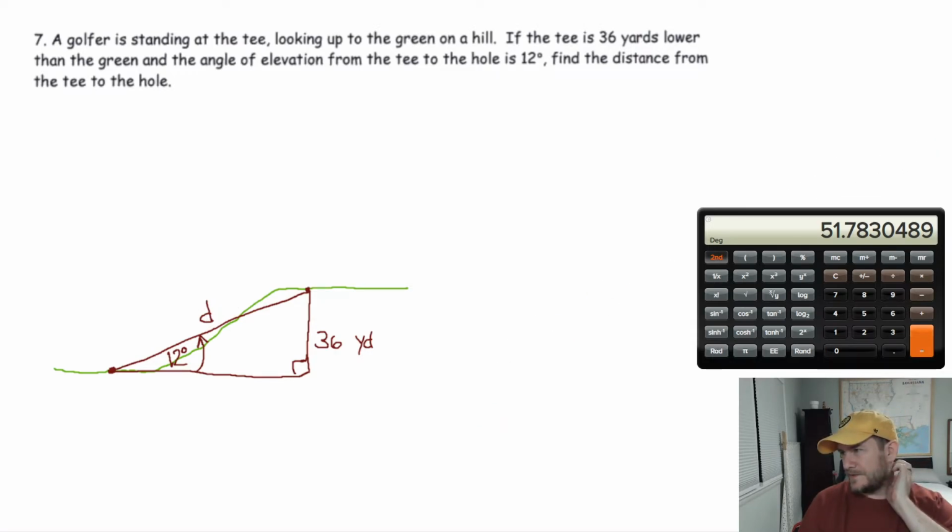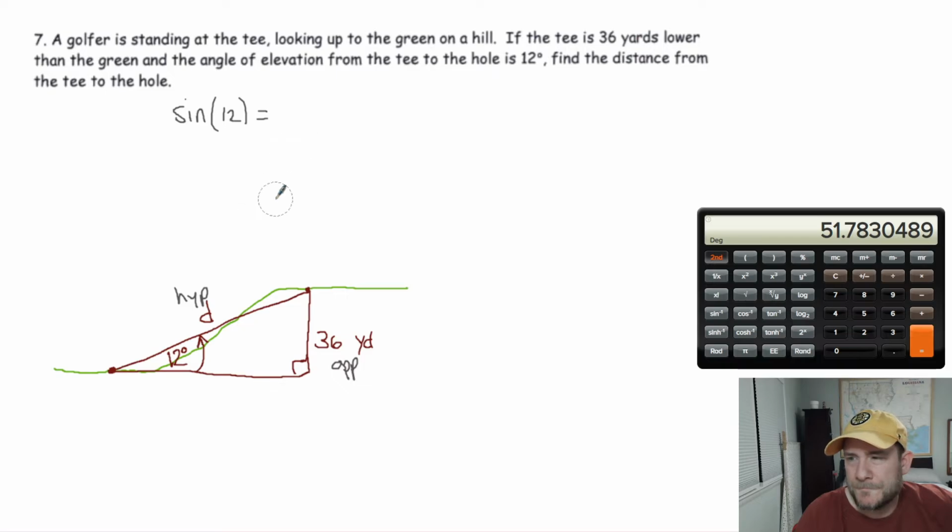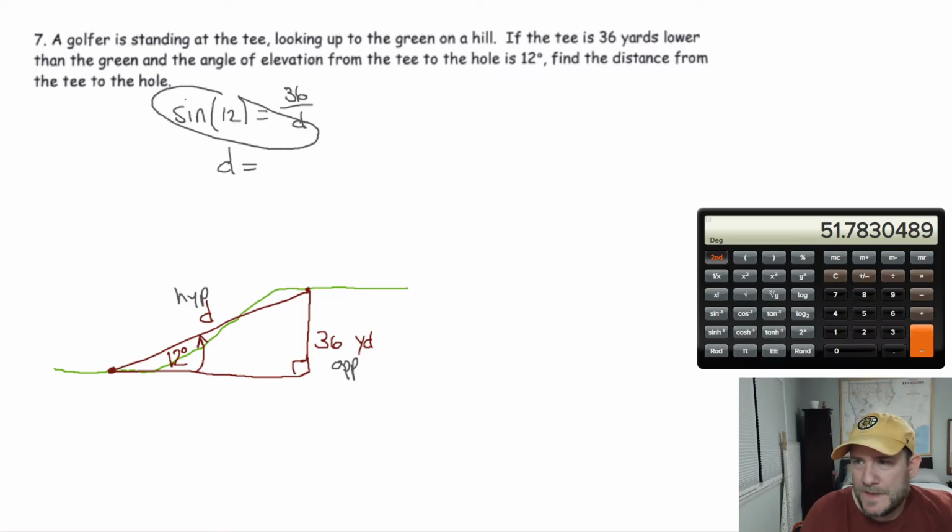So how do I solve? Well, we're working with opposite and hypotenuse. So you know you're writing a sine equation. It's opposite over hypotenuse. And we can use that little trick again where we know these entries can just flip. So we can say D is equal to 36 divided by sine 12.